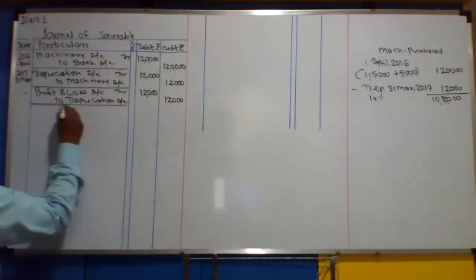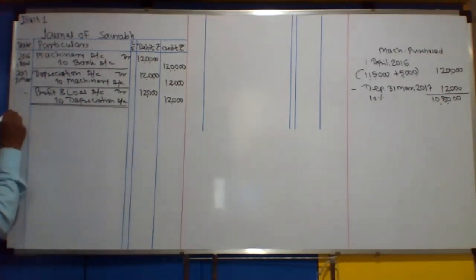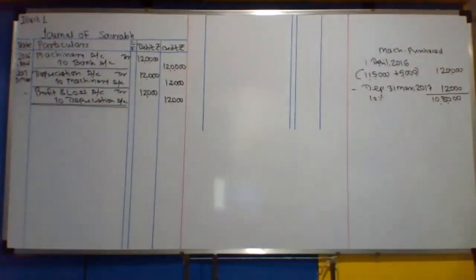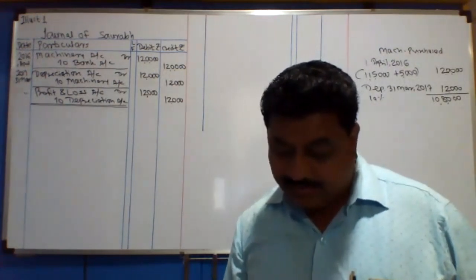This is the end of the first year, so double underline. Narration: being depreciation transferred to profit and loss account.